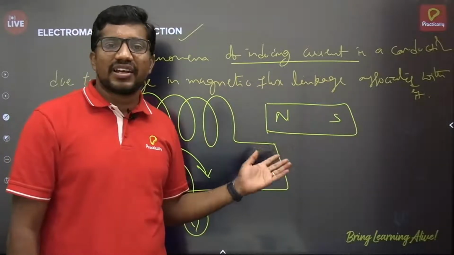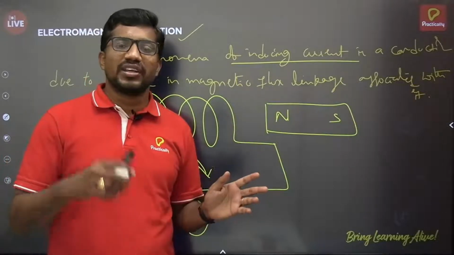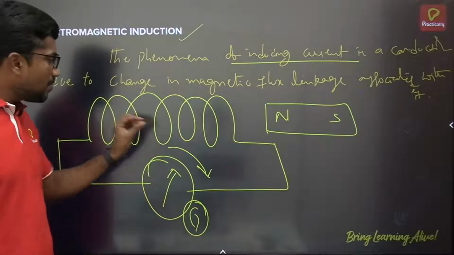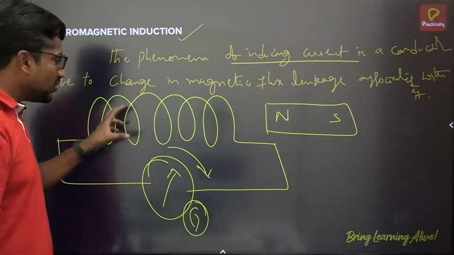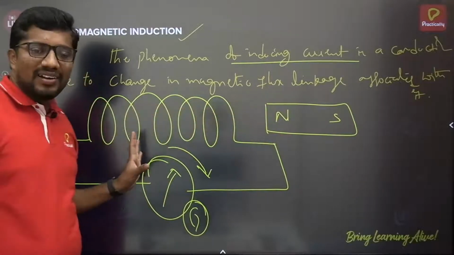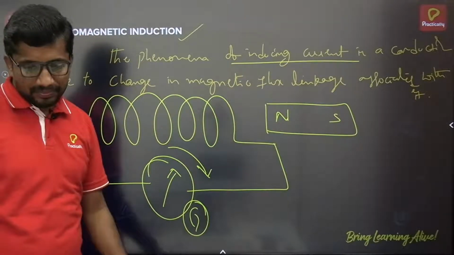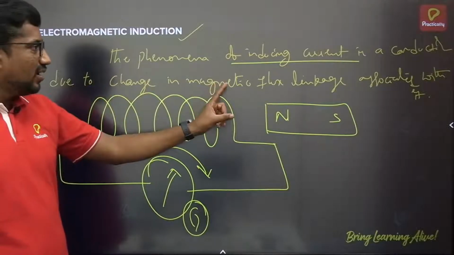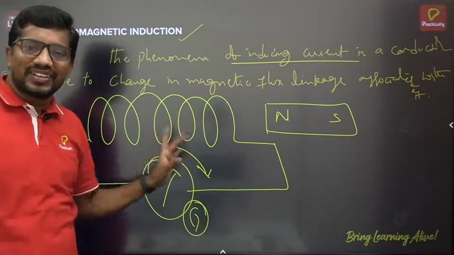That's what we study as E equals minus N d phi by dt. Anyhow, that expression you learn in class 12. So this simple experiment shows that electric current is induced in the coil when this magnet is brought near the coil. That's the phenomenon, electromagnetic induction. Hope I am clear to you.